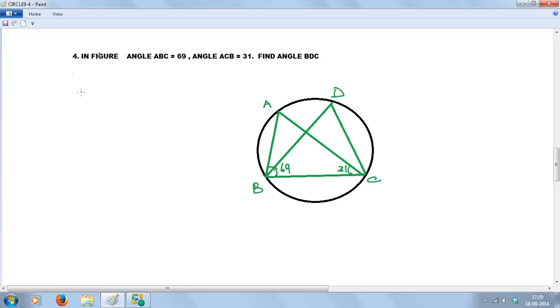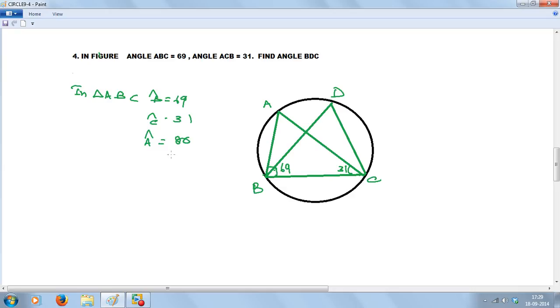So in triangle ABC, angle B is equal to 69, angle C is equal to 31. So we can find out angle A. Angle A is equal to 180 minus these two.